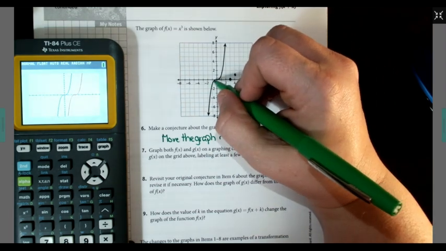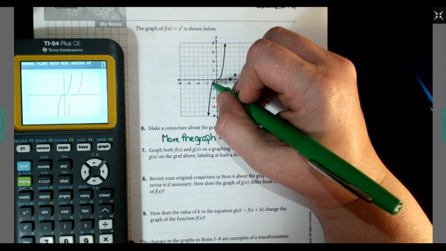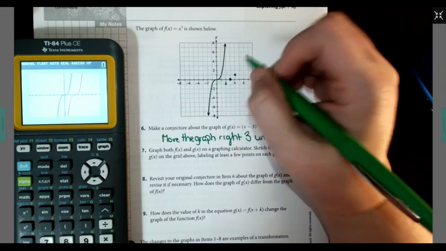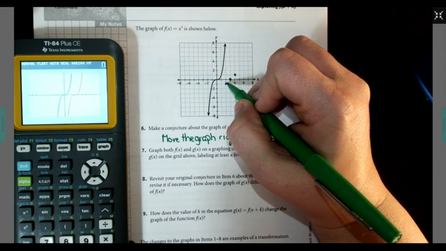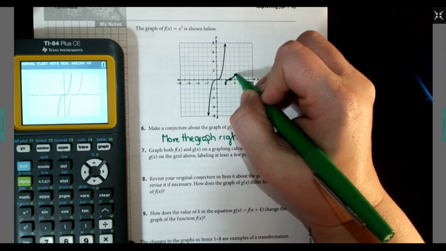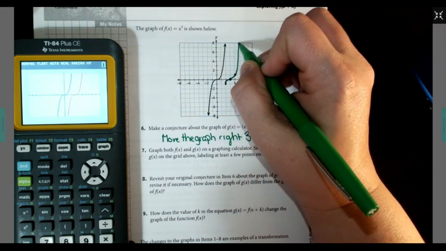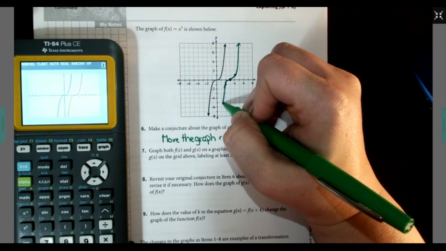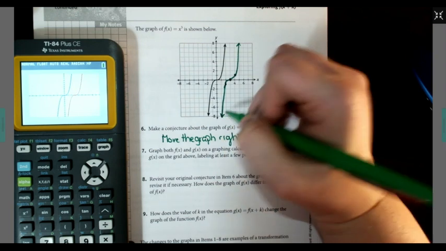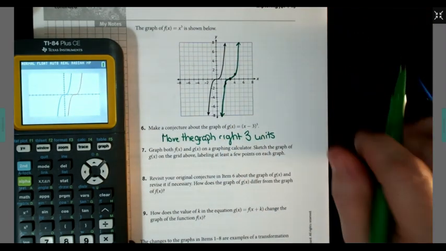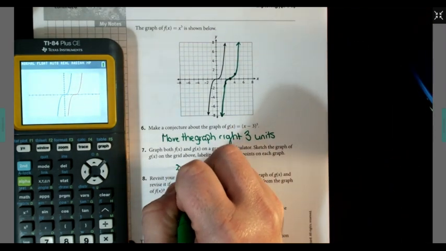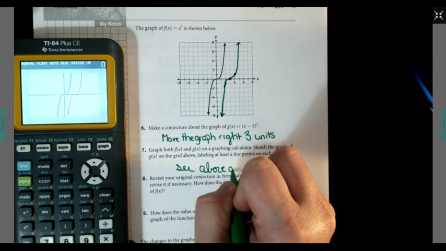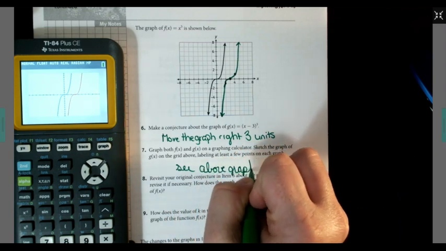And the point that was at negative 1, negative 1 has now gone to 2, negative 1. Like so. So I'm going to say see above graph.